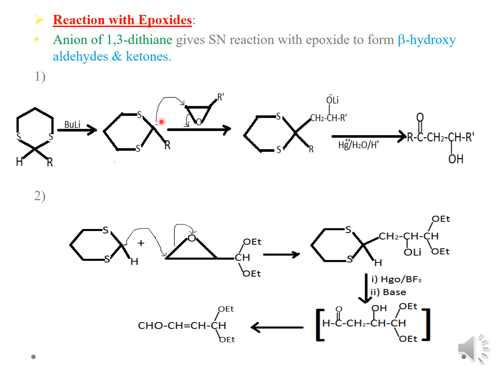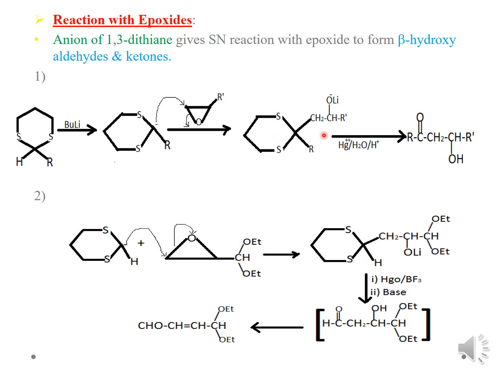Upon addition of the epoxide, the anion of 1,3-dithiane goes and attacks the methylene group of the epoxide, and ring opening takes place. This bond shifts, making the charge O minus. Then the lithium, which has a positive charge, goes and binds here, resulting in this structure.